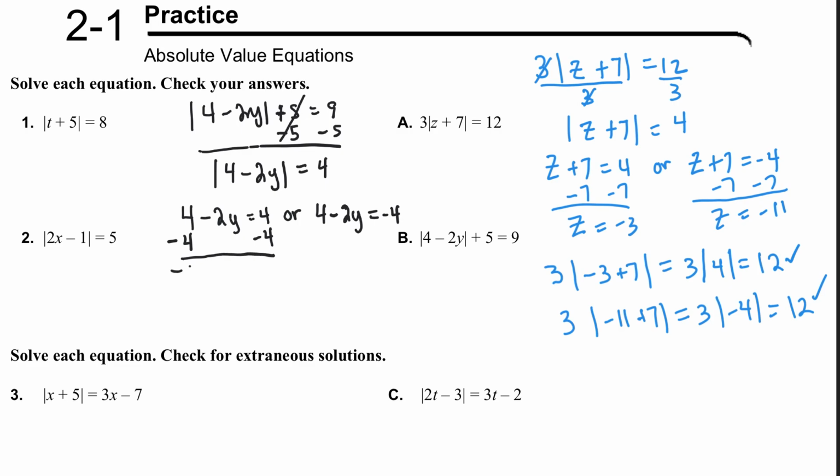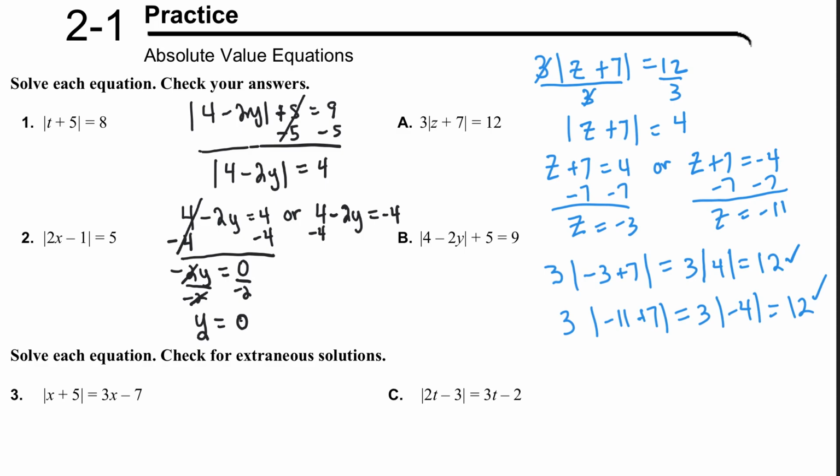And we have -2y equals, this is 4 minus 4 is 0. We divide by -2. -2 divided by -2, you're left with just y, which is 1y. We'll just say y. And then 0 divided by -2 is 0. We're going to go ahead and solve the other equation.